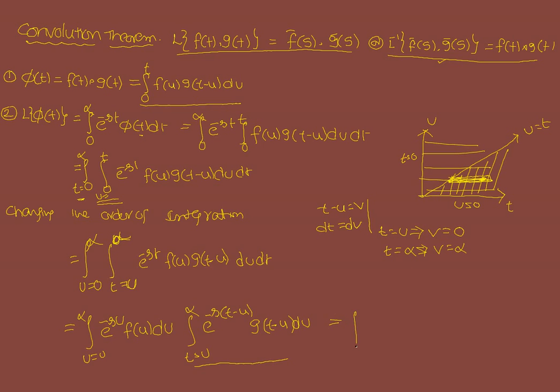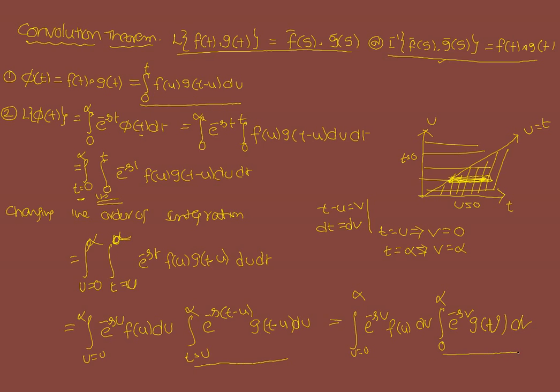So that is nothing but the integral u is equal to 0 to infinity of e power minus su f of u du, times the integral v is equal to 0 to infinity of e power minus sv into g of v dv.